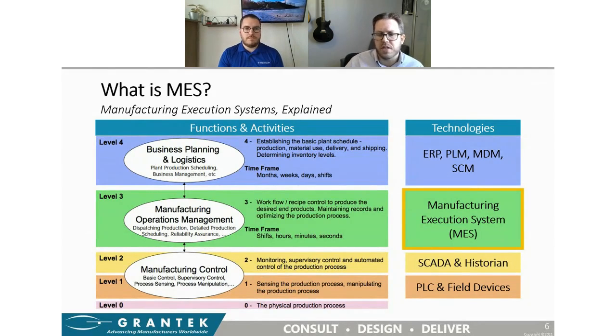These are usually business-scoped, enterprise-wide systems that handle the long-term strategy and logistics for the entire company. Common technology platforms at level 4 include enterprise resource planning, product lifecycle management, master data management, and supply chain management systems. Level 3 is where we're focusing today, the manufacturing operations management layer.